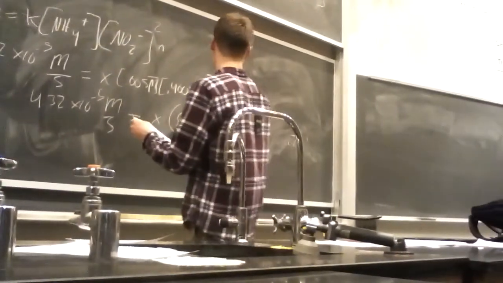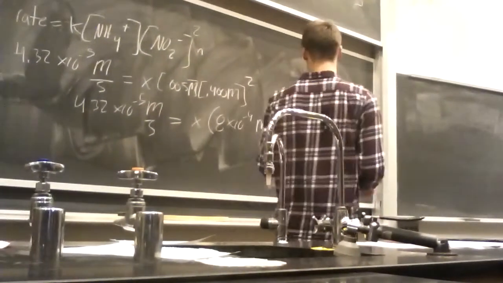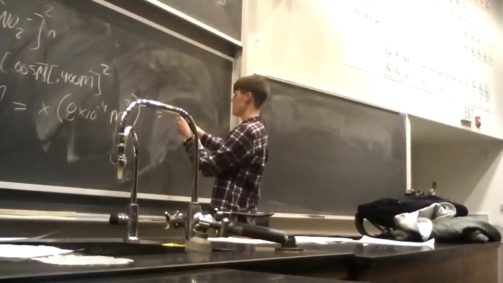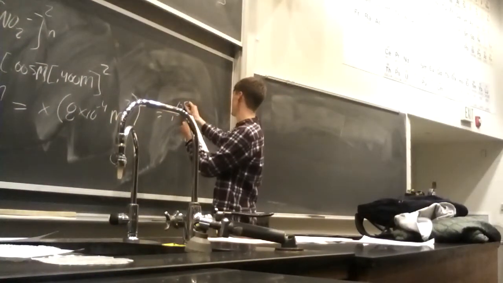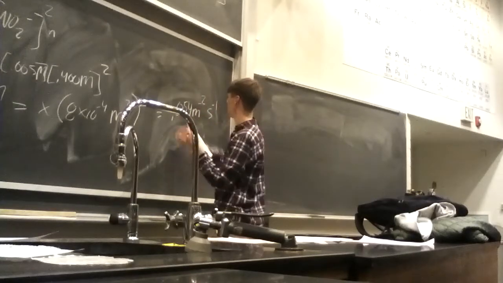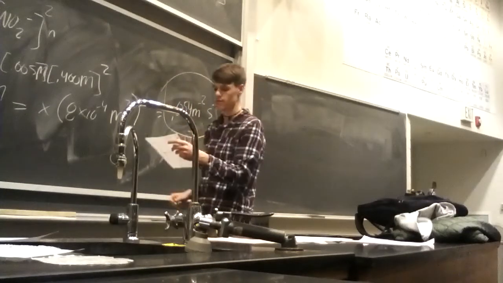And then you just divide by 8 times 10 to the negative 4th molarity cubed. And you should be able to see the units, what happened there. That's your answer.